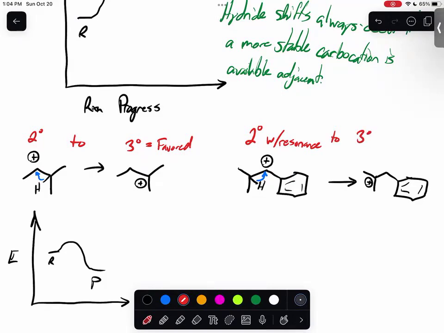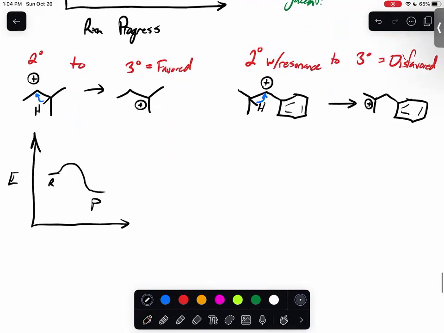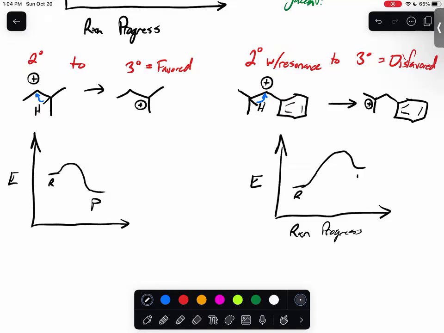This would be disfavored, right? So this hydride shift could never occur because essentially this one would be going uphill. It would be endothermic and it has a much, much higher activation energy.